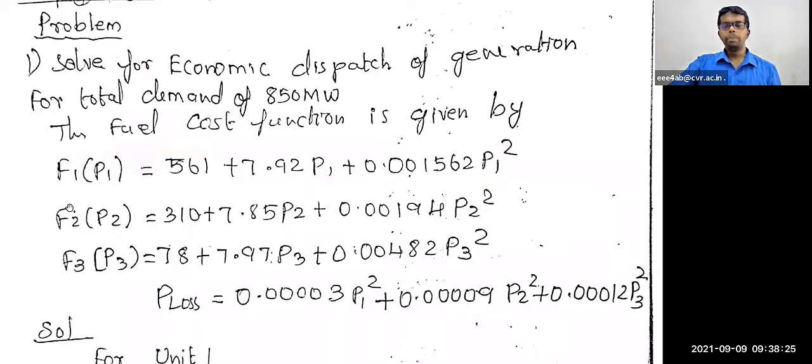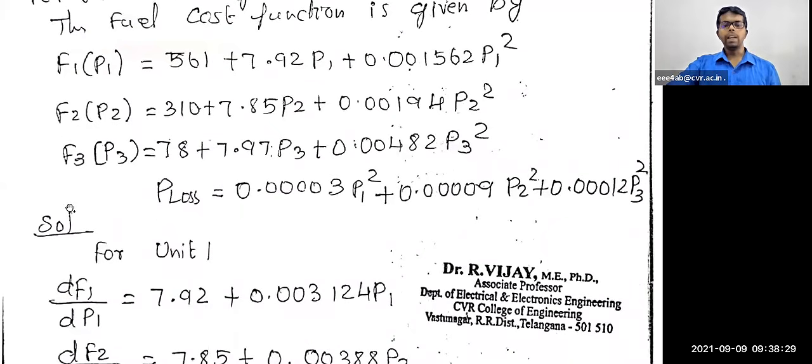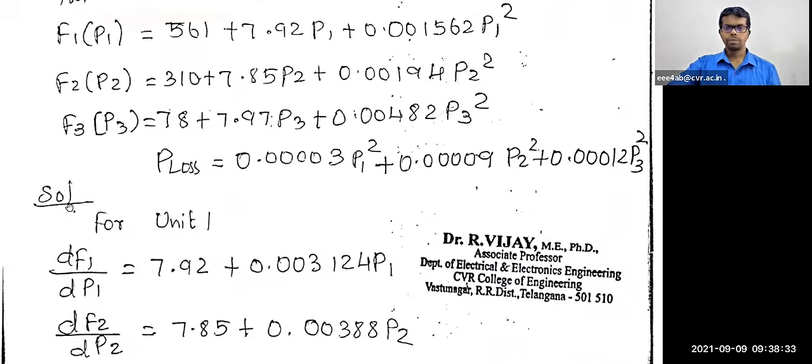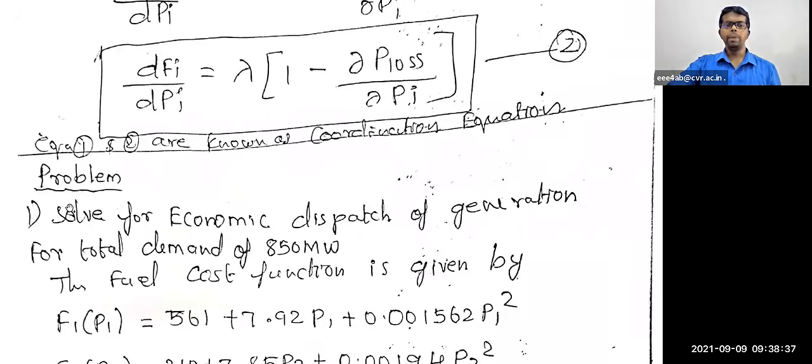Okay, so here the PLoss also will be given. What is the general formulation we have solved in the previous class? The general formulation is dFi divided by dPi is equal to lambda into 1 minus dou PLoss divided by dou Pi.